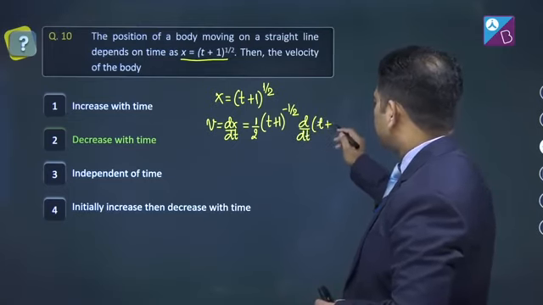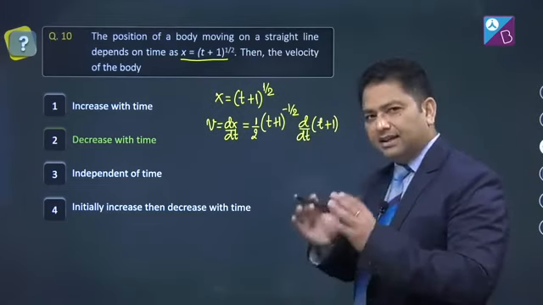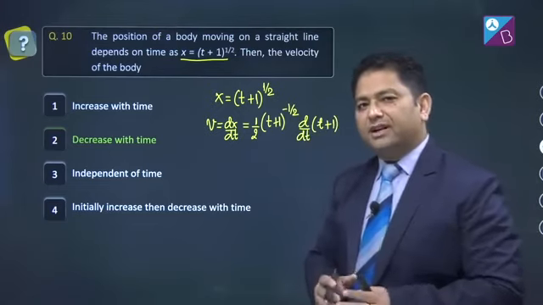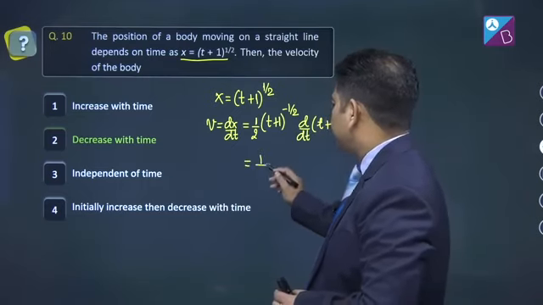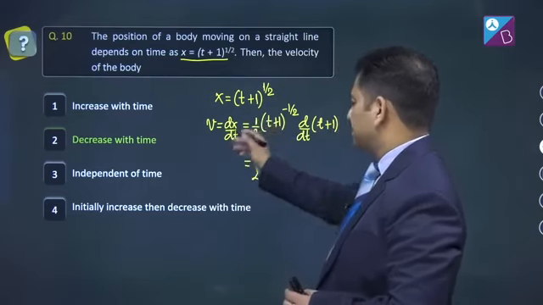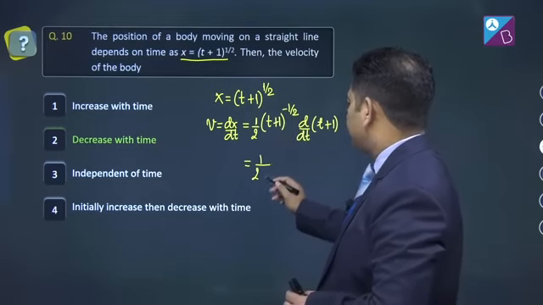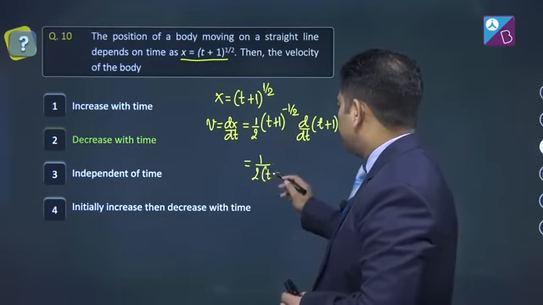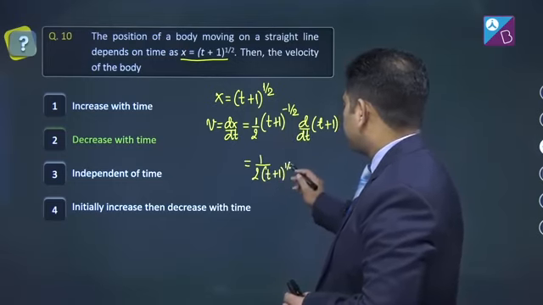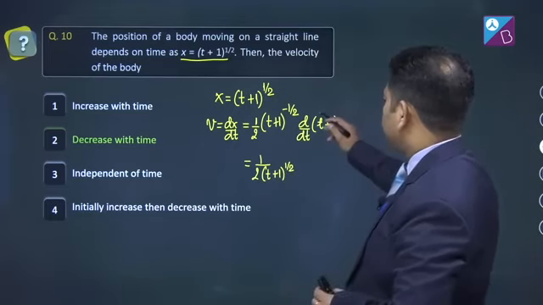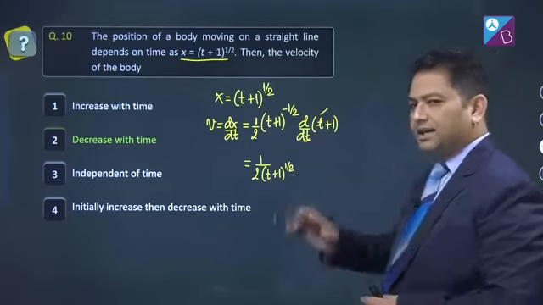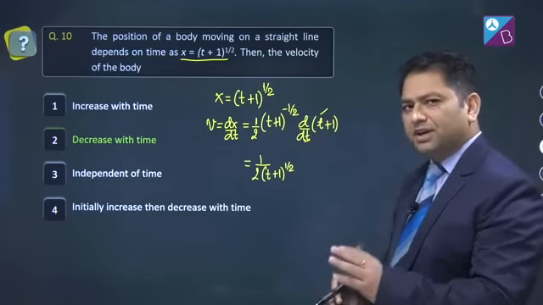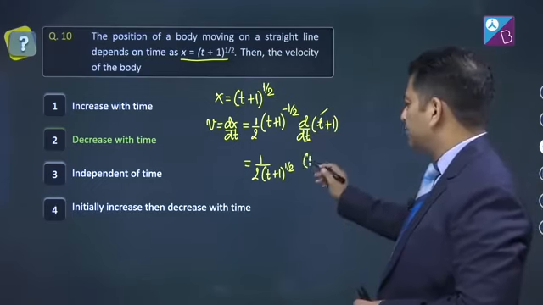Aamtaur pe kaun sa rule yahan par laga hai? It's the chain rule of derivative. Now after this, differentiation toh ho gaya, t plus 1 ki power minus half ka matlab denominator mein aa jaayega t plus 1 raised to the power half, t ka derivative t ke respect mein 1, 1 ka derivative t ke respect mein 0, which means the product here is simply 1.